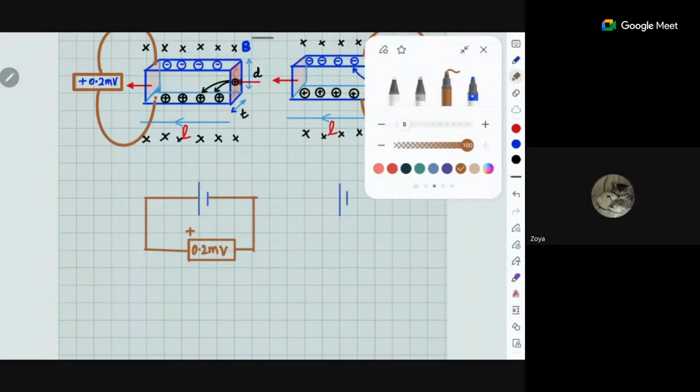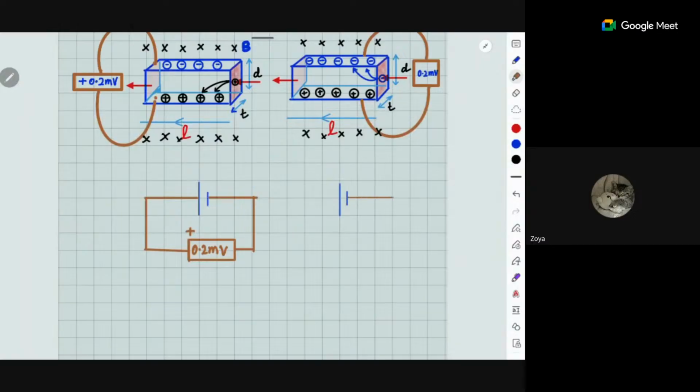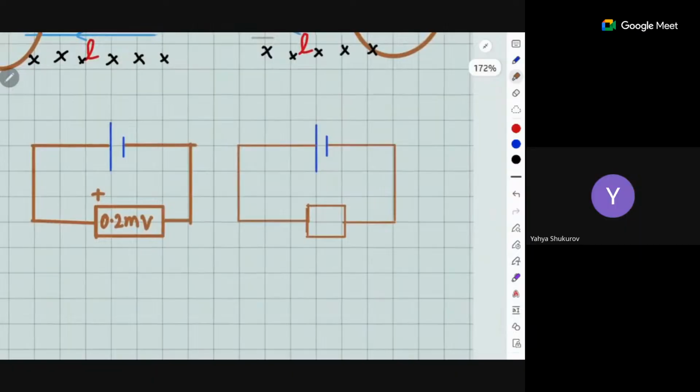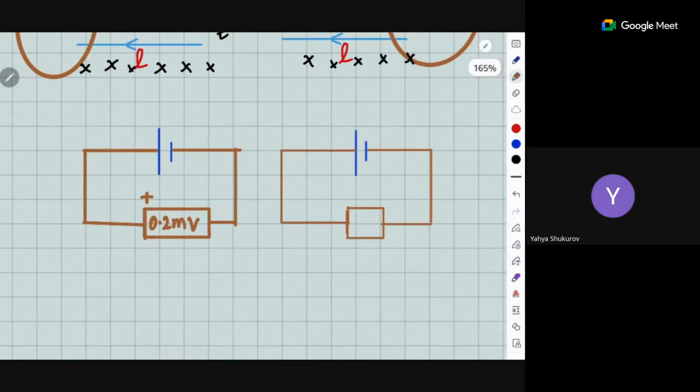What about the next, the other voltmeter? I have connected another voltmeter. Do you see this diagram? Is that diagram clear to everyone? What will be the value of the voltmeter here?